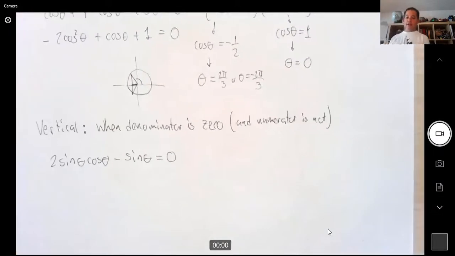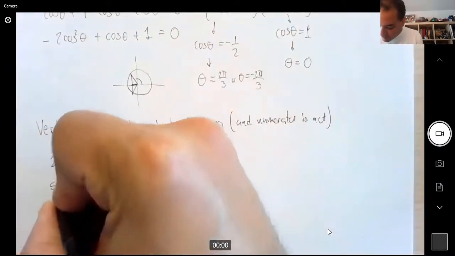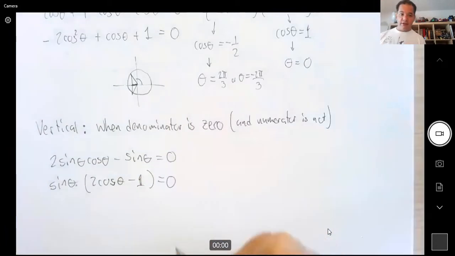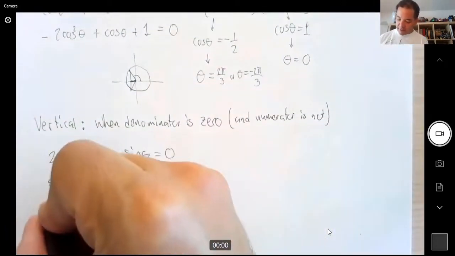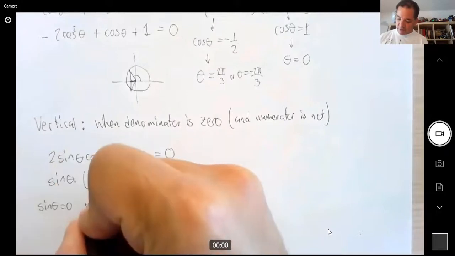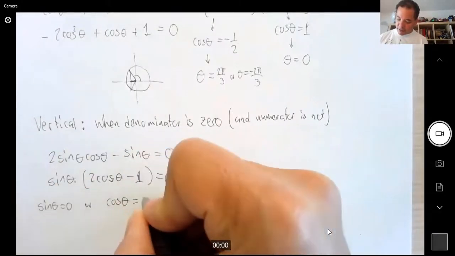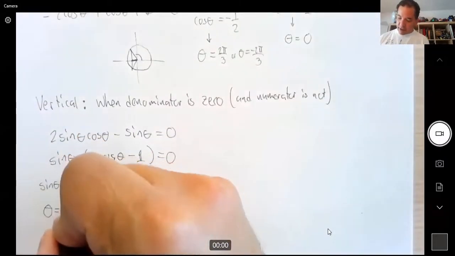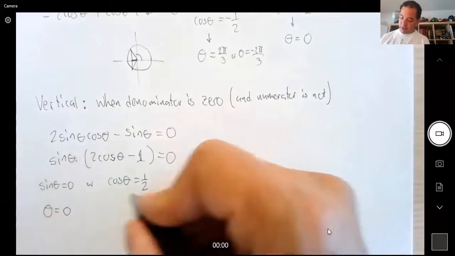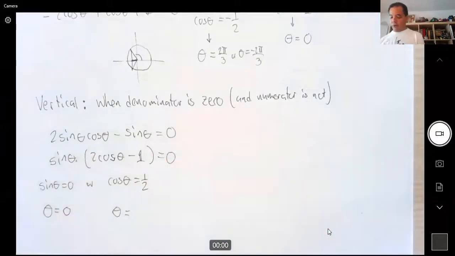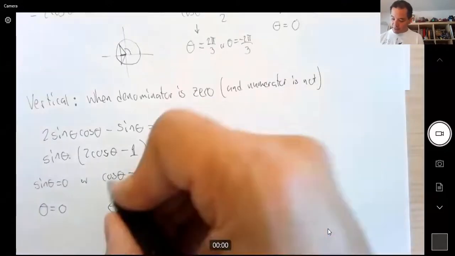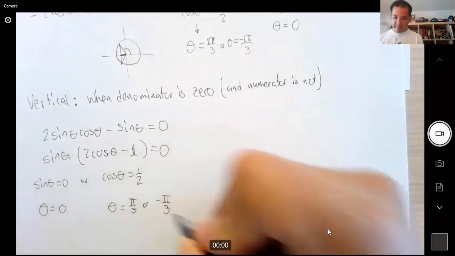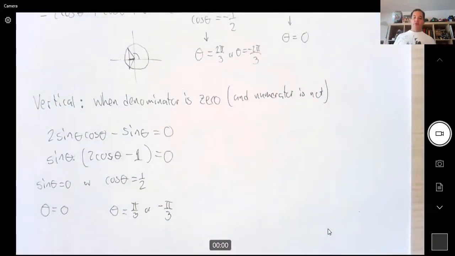This one is actually a little bit easier because we can factor the sine theta. So we get two solutions. Either sine theta is 0 or cosine theta is 1/2. The angle with which sine is 0 is just 0. And if the cosine is 1/2, that means the angle is pi/3 or negative pi/3.